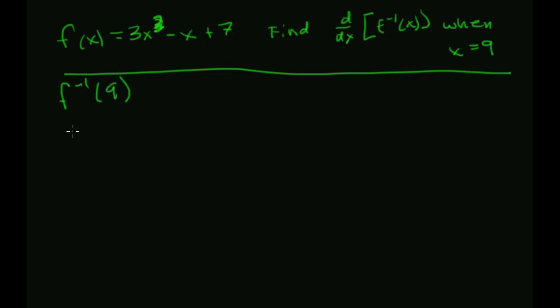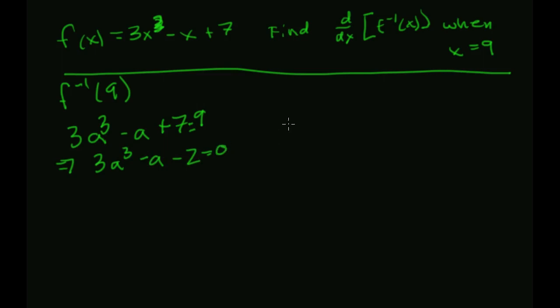Okay, so if you think about this, I want to have, say, 3a cubed minus a plus 7 equals 9. So this is the same as saying 3a cubed minus a minus 2 is 0.